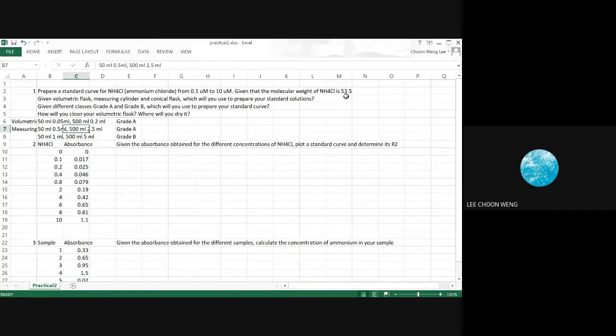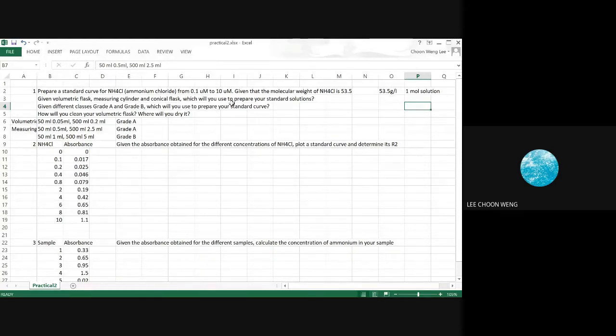Okay, basically 53.5 grams per liter makes a 1 molar solution.